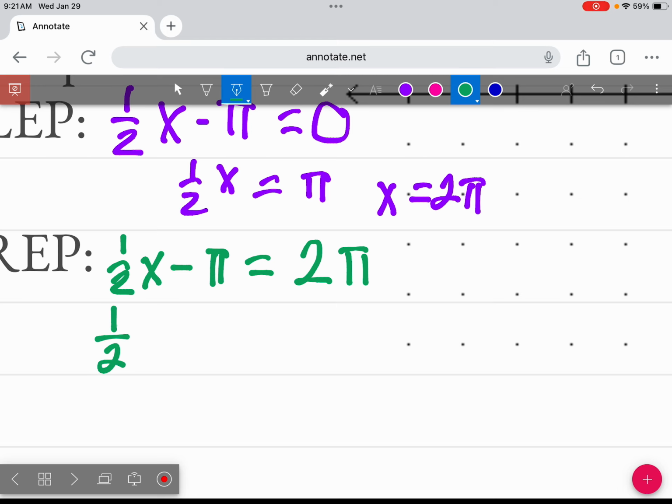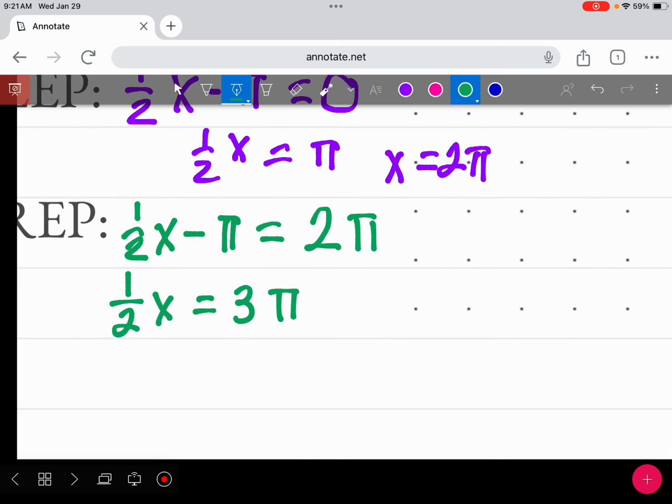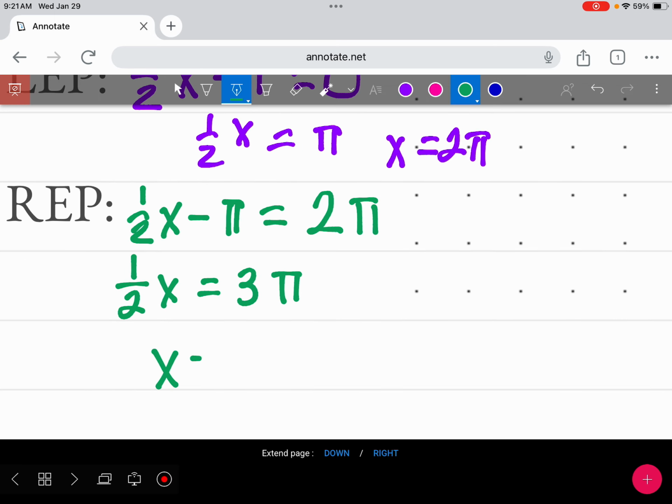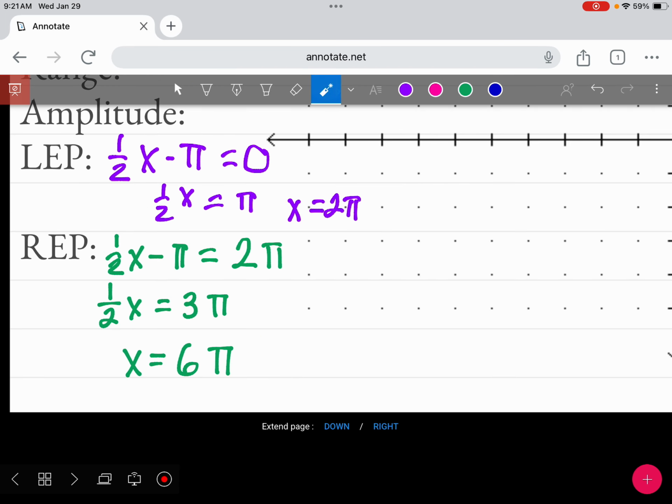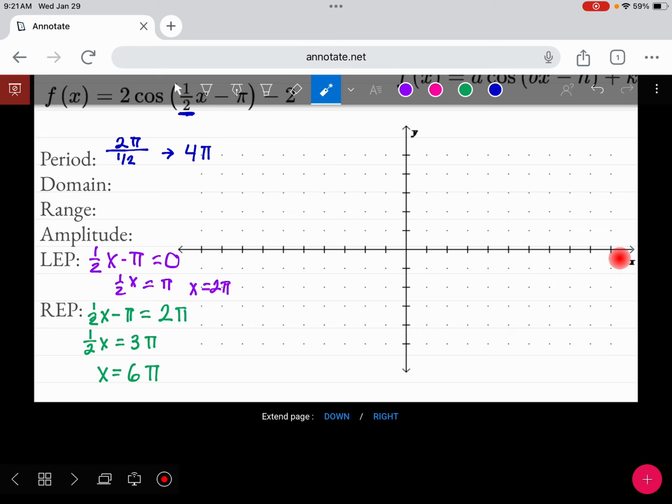So then we have our 1/2 x, add pi to both sides, so we're going to have 3 pi. So our right endpoint is going to be at 6 pi. So we want to make sure we can get all the way up to 6 pi on our x-axis. So not only is our period length 4 pi, but my right endpoint is at 6 pi. So we need to make sure we can get out that far.